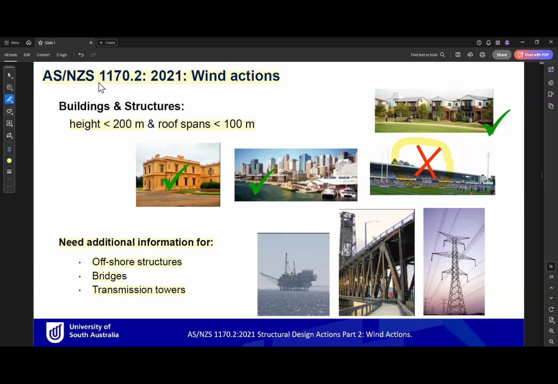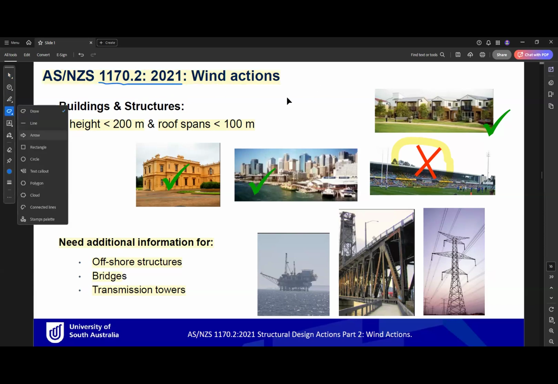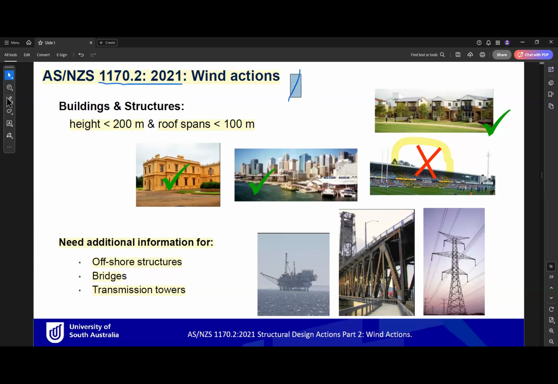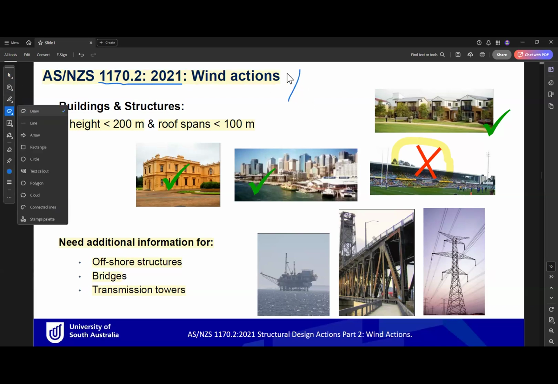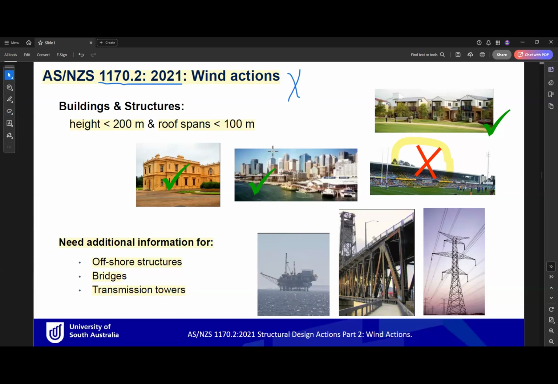So this standard is the main one used for wind calculation in Australia, but we will not be using it in our course. This one is just for your information, not to be used in our calculation.